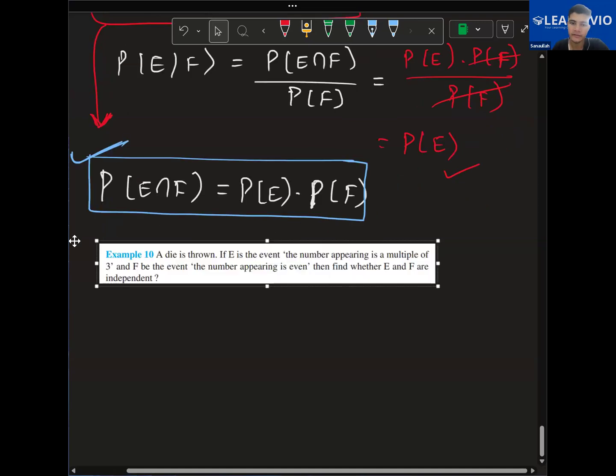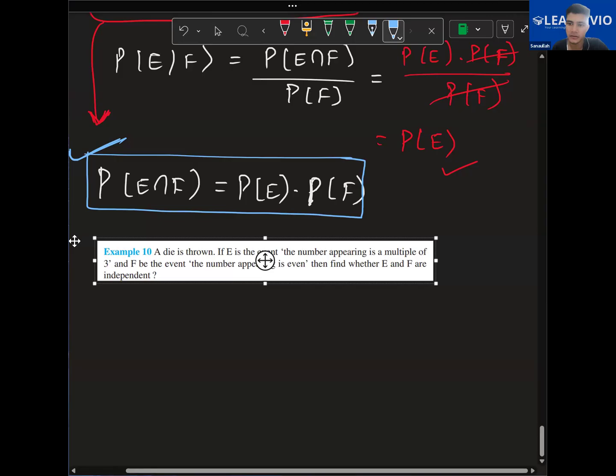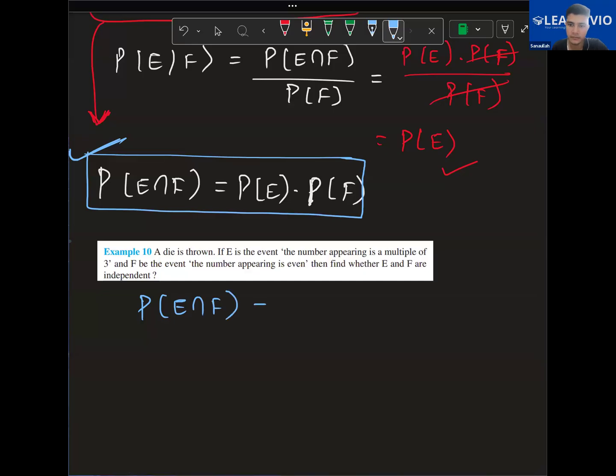To prove this, you must bring probability of E intersection F equal to probability of E into probability of F. If you get this relation, then you can say E and F are independent.